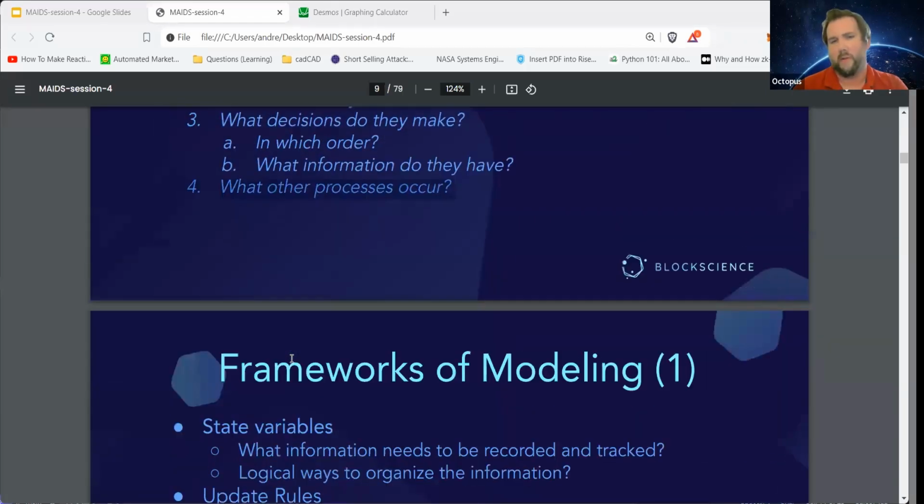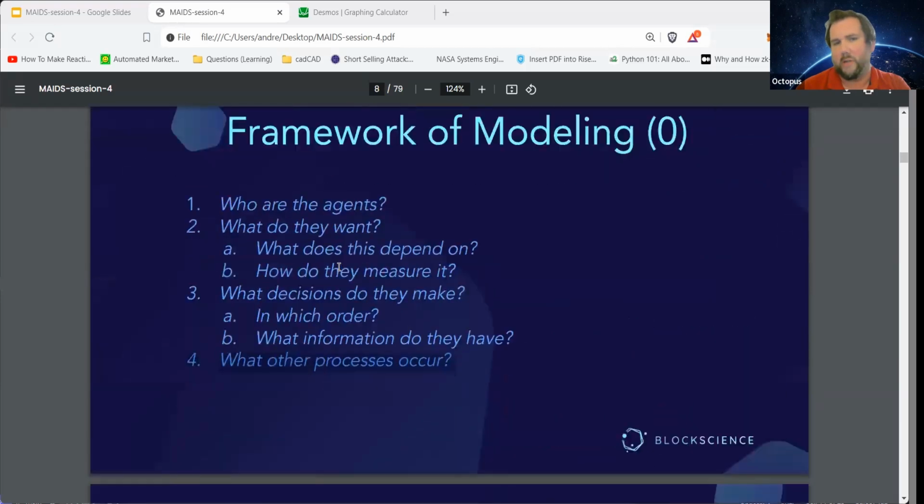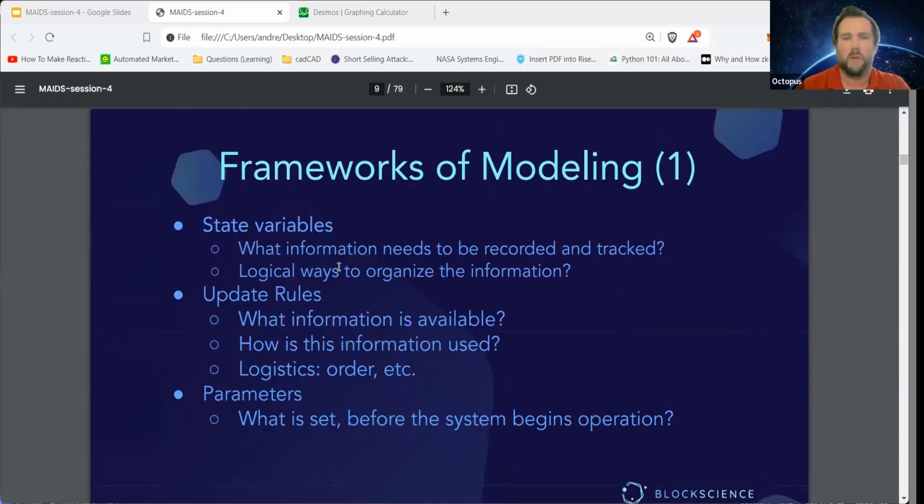Here is another way of saying some of these things that really corresponds in the same way to these questions. What are the state variables that need to be tracked, and how are they organized? In a MAID, variables belong to specific agents who are just responsive to the actions and processes of others.